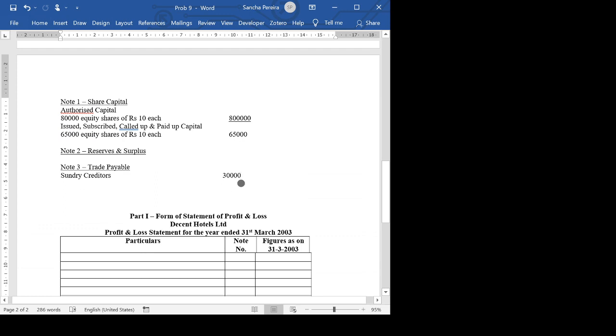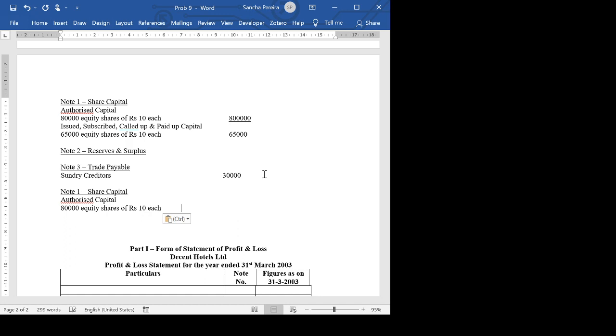Now we move on to the assets part. The first thing that we have is non-current assets. Under non-current assets, you have fixed assets, and under fixed assets, there are tangible assets. I'm sure there are tangible assets here. So we are going to have note 4 as tangible assets.